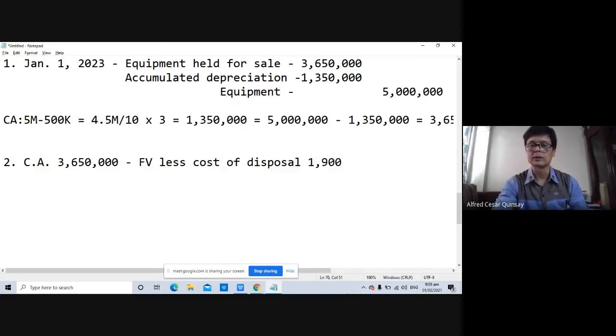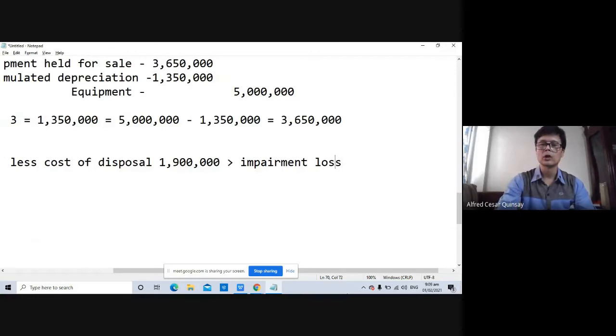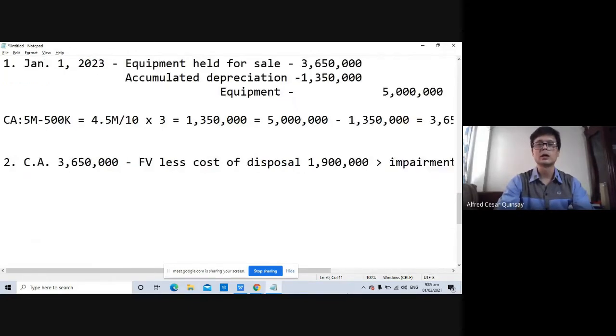When you compare them, the fair value less cost of disposal is lower. Therefore, there is an impairment loss. Just get the difference: 3,650,000 less 1.9 is 1,750,000. That is the impairment loss.